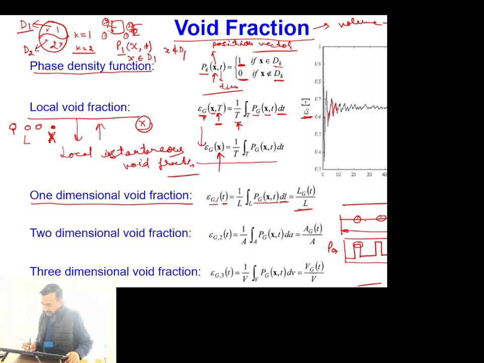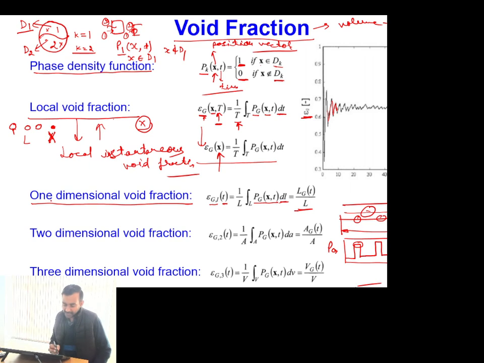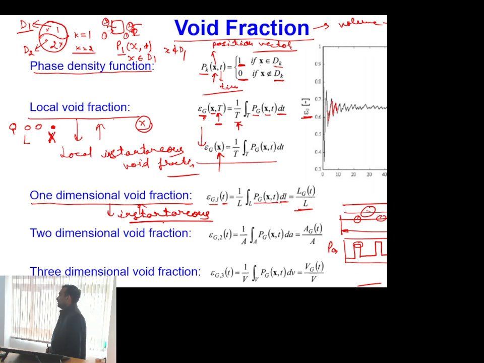Corresponding to some time T2, I may have a bubble distribution something like this. So corresponding to that, this value will be changing. That is why I am calling this one-dimensional void fraction, and this one-dimensional void fraction is nothing but an instantaneous measurement. All are clear with this point?